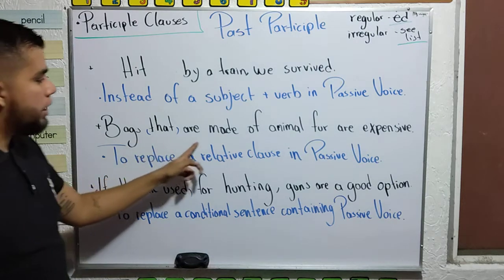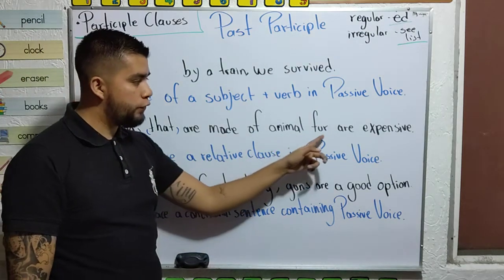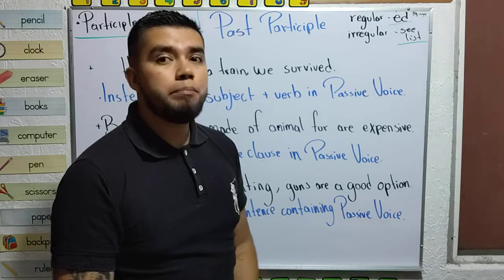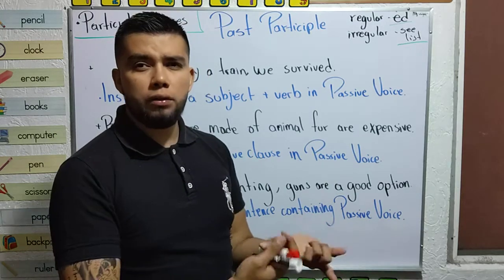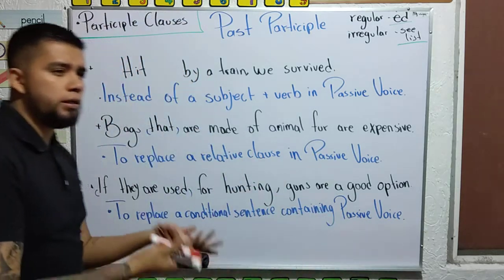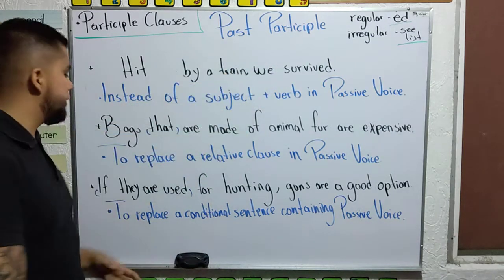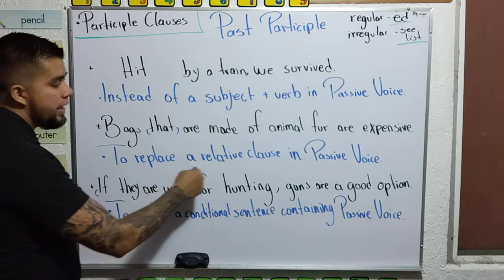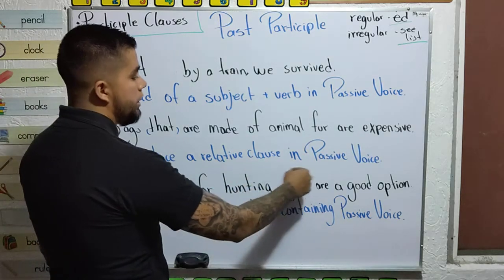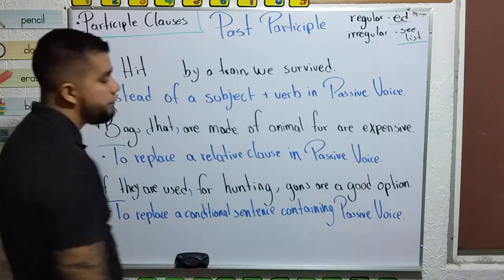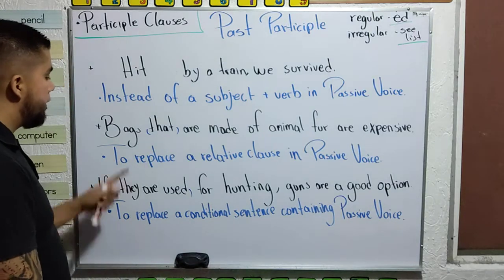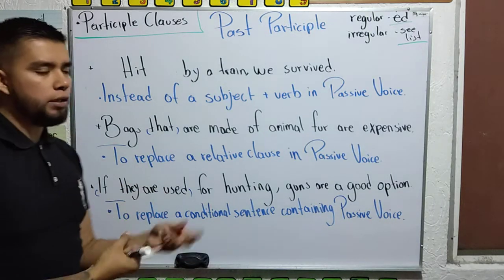Then, I'll have another example. Bags that are made of animal fur are expensive. You know animal fur like crocodile, foxes, seals, etc. Now, we are going to use the past participle to replace a relative clause in passive voice. Passive voice one more time. So, do you remember the relative clauses?